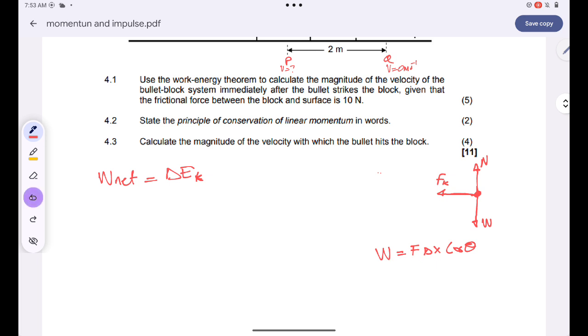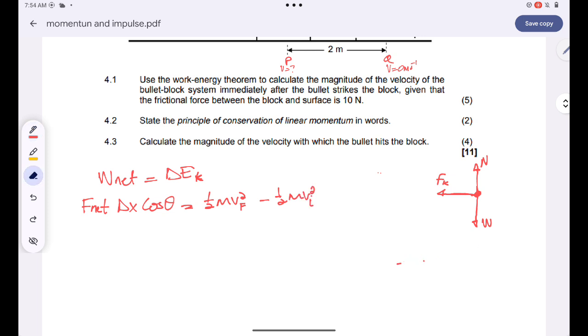So since I have a work net, I'm supposed to use the F net there. So now I know that work net is equal to F net delta x cos theta, and the change in kinetic energy is just half mv squared final minus half mv squared initial.